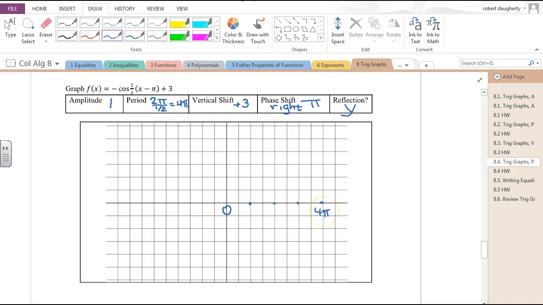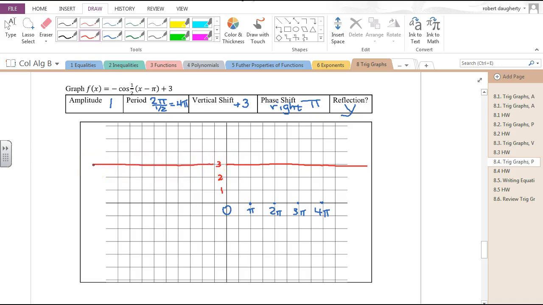This is a nice one because if that's 4 pi, this is 2 pi. This is pi. This is 3 pi. And now my vertical shift is what? Up 3. So 1, 2, 3. So that means this is a line about which I will graph.